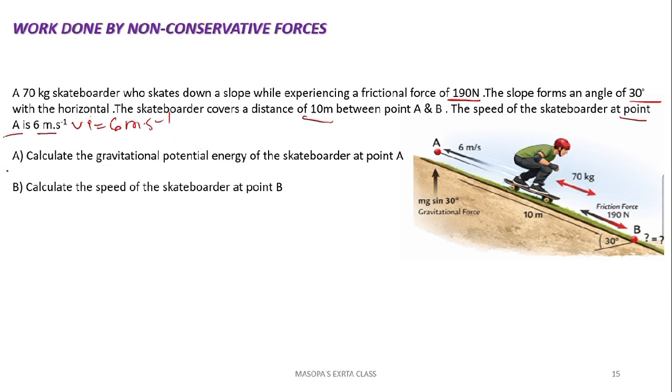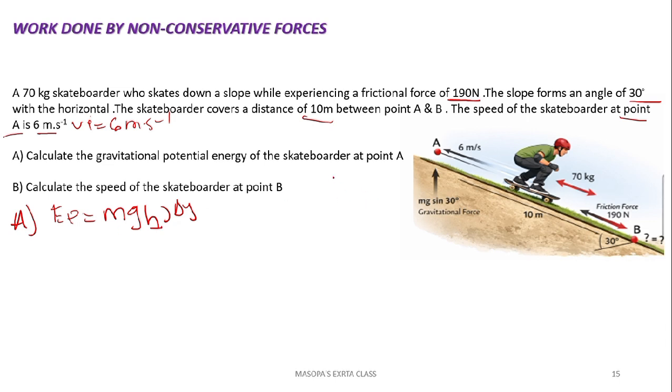Now you must calculate the gravitational potential energy of the skateboarder at point A. We know that the gravitational potential energy will be m, g, and the height, and this height is your delta y.